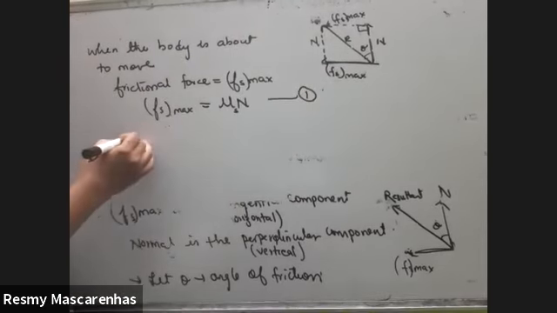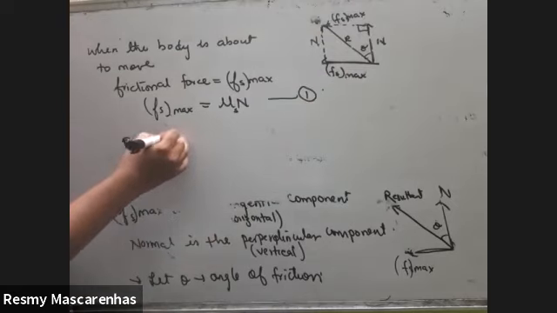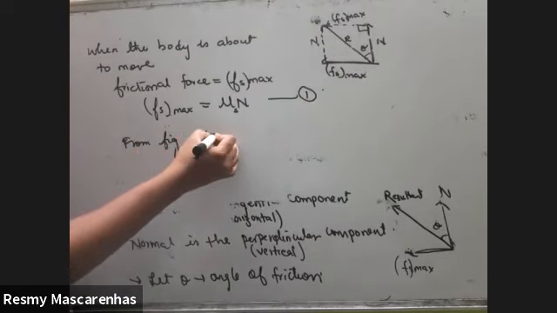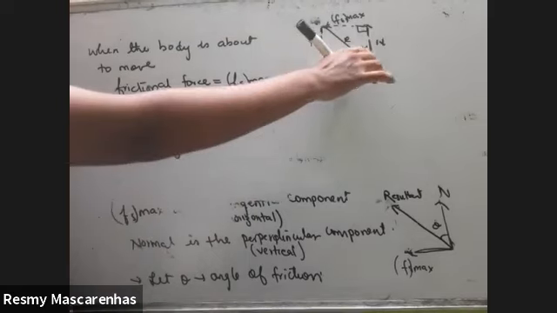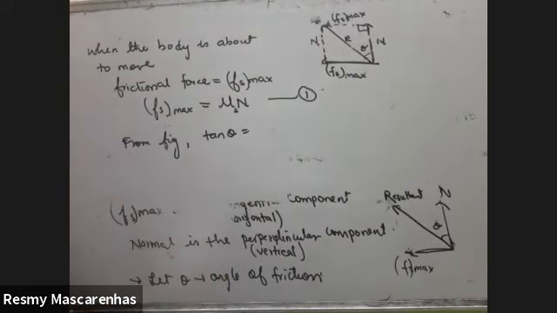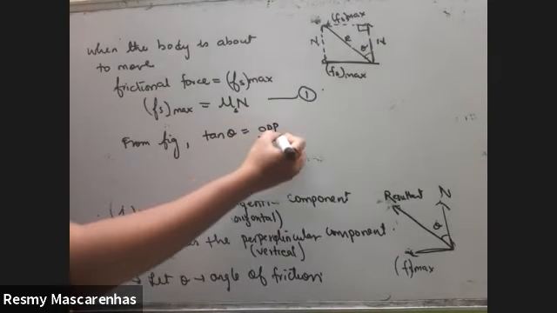Now from the diagram, from the figure, we'll see what is tan theta. Tan theta is nothing but opposite upon adjacent.